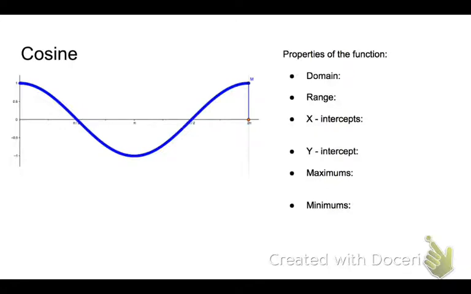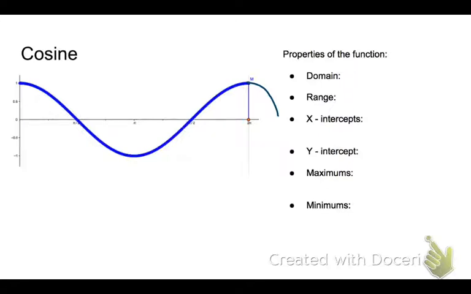So if I were to continue this function, for example, if we were to go to 361 degrees, if we were to keep going, then this graph would just keep going like a wave or like a cycle.